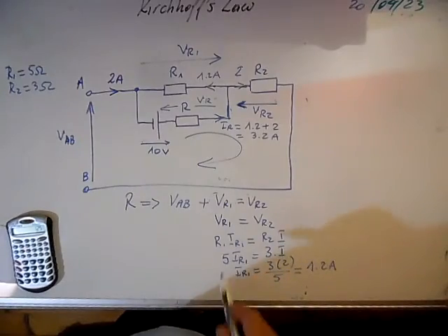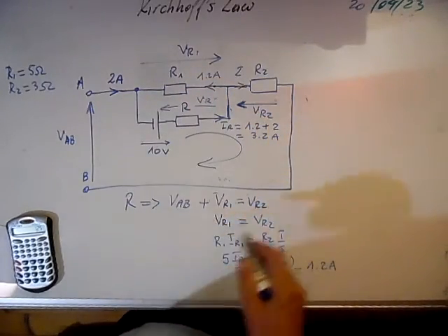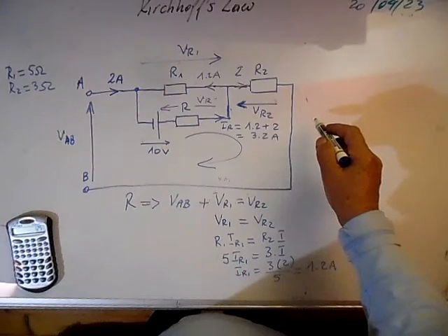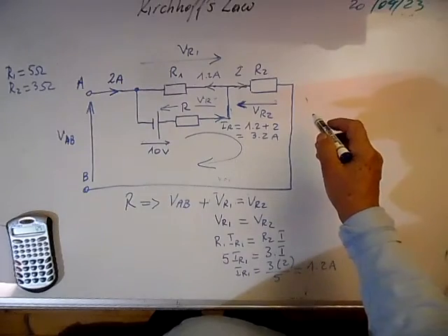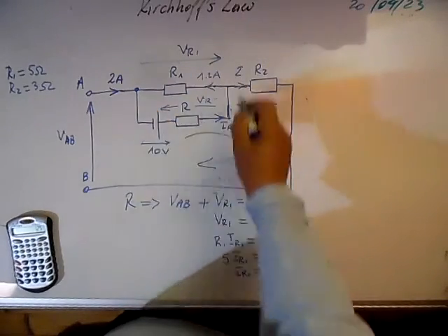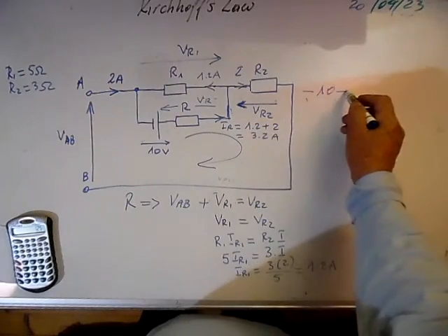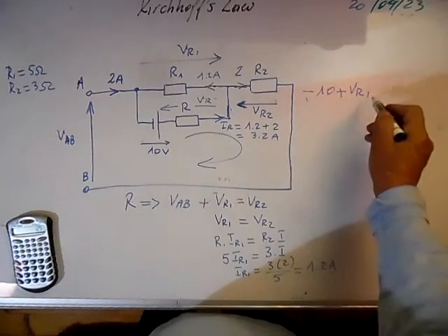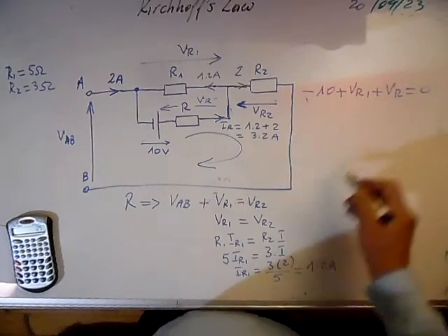So now we can write in the clockwise direction that the algebraic sum of the voltages is 0. It means that if I write minus 10 plus VR1 plus VR should be equal to 0.